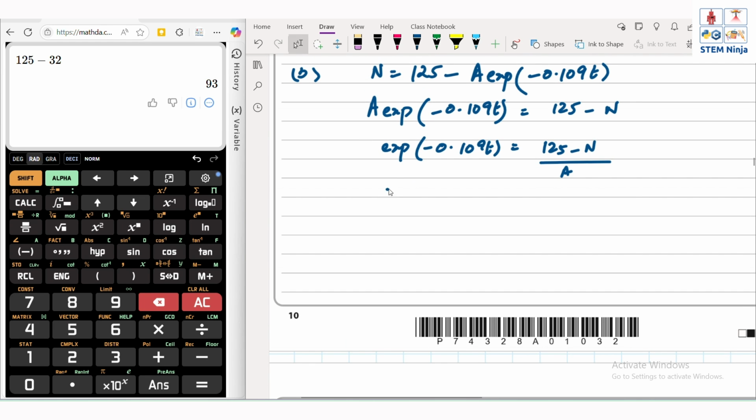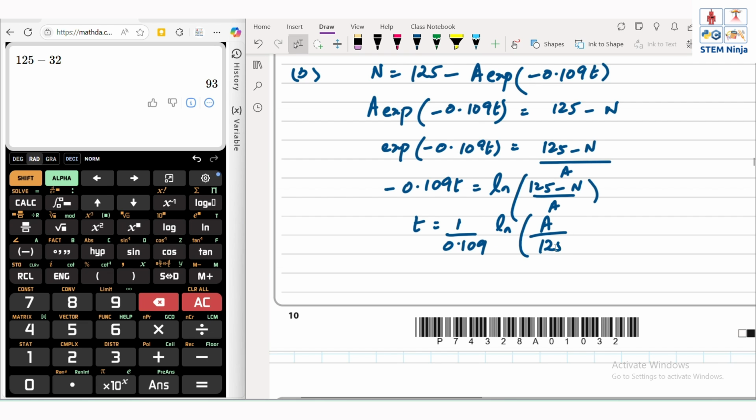So minus 0.109T is going to be ln of (125 minus N) over A. So T would be, we're going to multiply the minus on the other side, so that flips the ln fraction: 1 over 0.109 ln of A over (125 minus N).